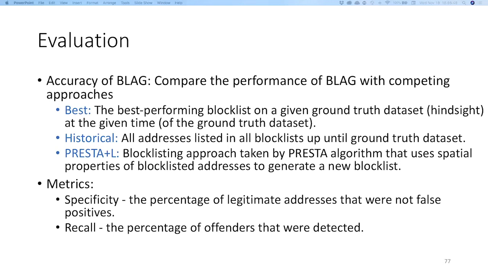The second approach is the historical approach, where we combine all the block lists and all the IP addresses that were listed across our monitoring period. This is the naive aggregation stage, where we propose that if we were to naively aggregate, there would be a lot of misclassifications.